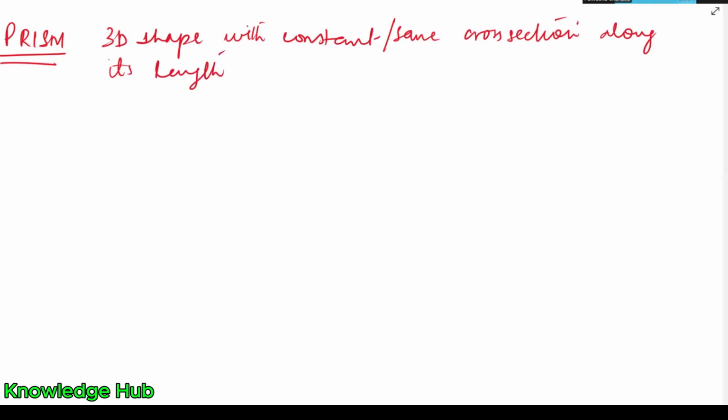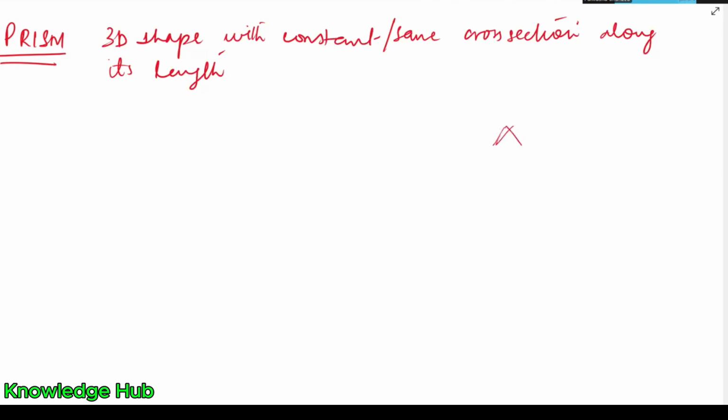If you are able to identify a prism, then there is no problem in solving the question. You should know how a prism looks. It's very simple: a 3D shape with constant cross section along its length.